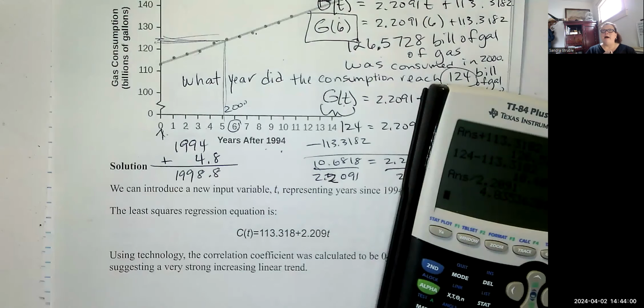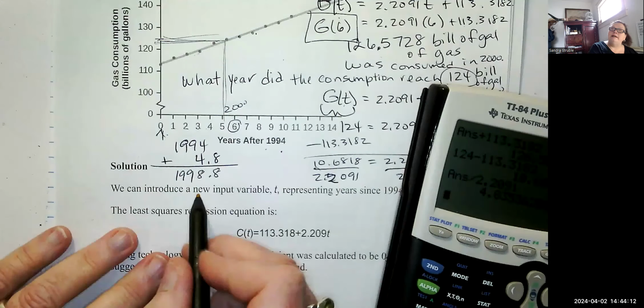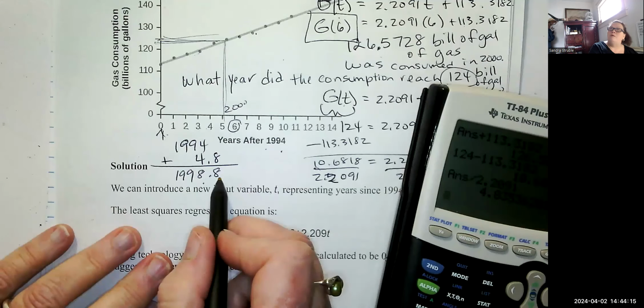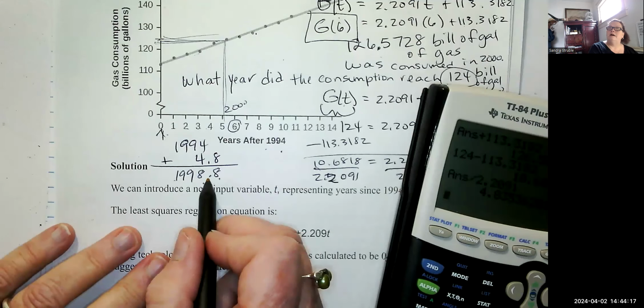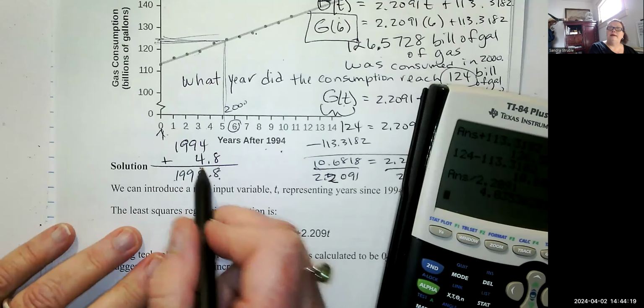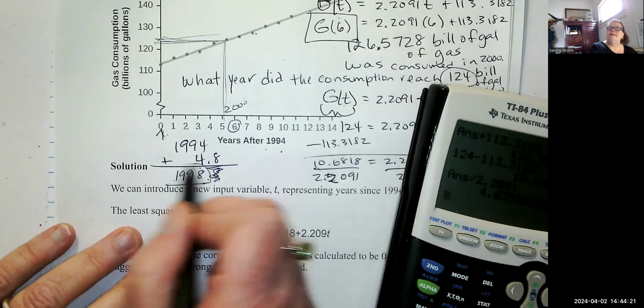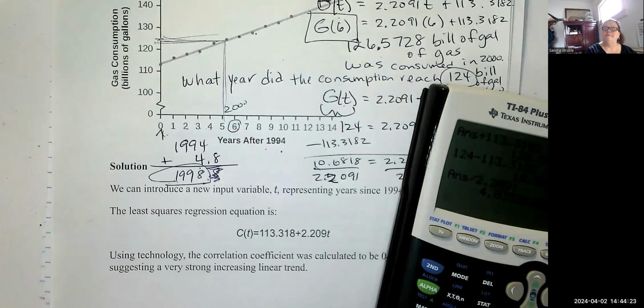Are we going to say that it happened and that we consumed 124 billion gallons of gasoline in the year 1998.8? No, we're not going to say that. We're not going to say 1999 either, because we're not there yet. You don't round up. It hasn't happened. So you're just going to say it happened in 1998. Okay.